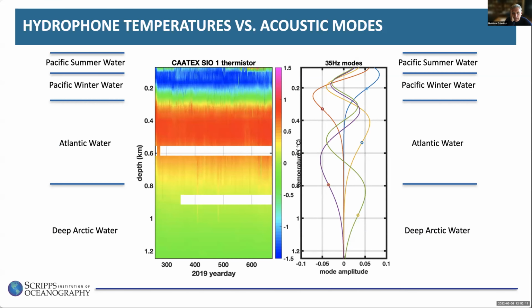And just to elaborate a little bit more about the climate up there in the Beaufort Sea, deep in the bottom we have this deep Arctic water, which is cold and reasonably salty. Above it, we have warmer water that comes all the way from the Atlantic, but it's saltier.